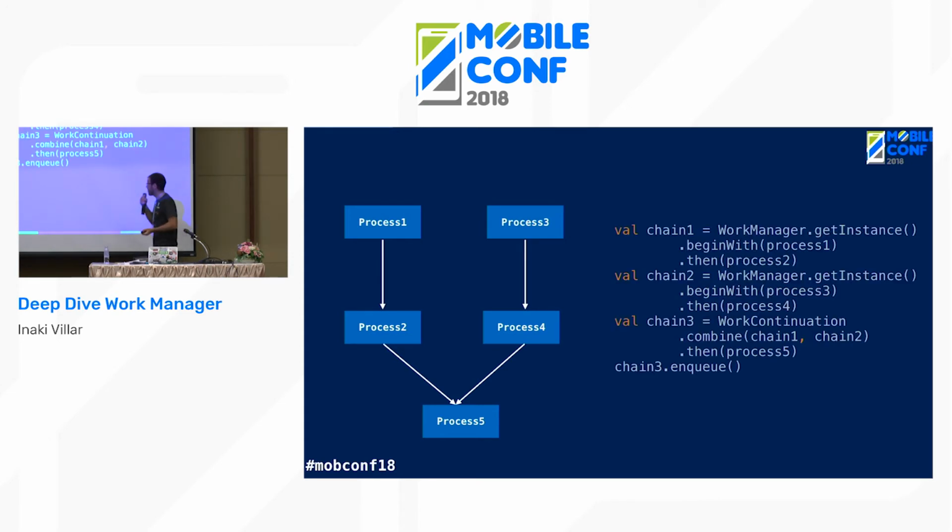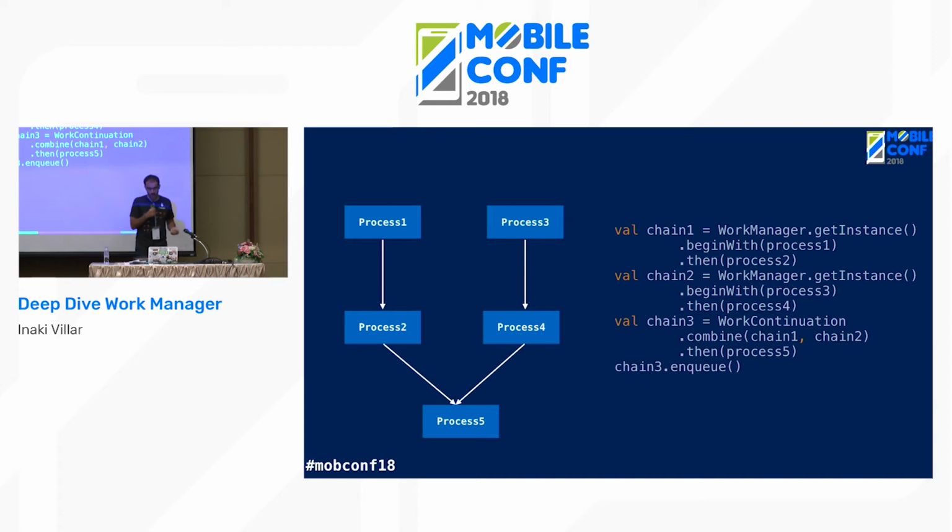Quite easy: we have to create different chains, and then combine them together. First of all, we create process 1 and then process 2 for chain 1, the one on the far left. Then for the right, we do the same: process 3 first, and then process 4. And then we can combine the chains all together.